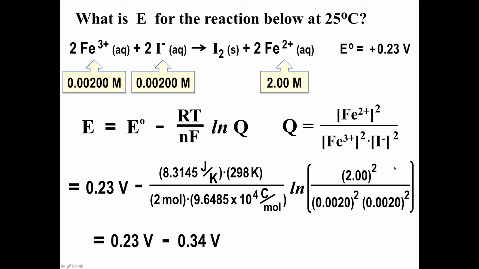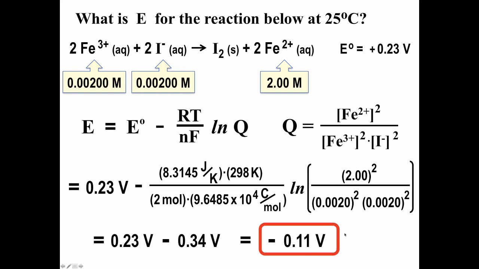And when we calculate this term, all of the negative RT over nF ln Q, we get negative 0.34 volts. Notice that that's more than 0.23 volts. So we're subtracting a bigger number from a smaller number, and we get negative 0.11 volts.